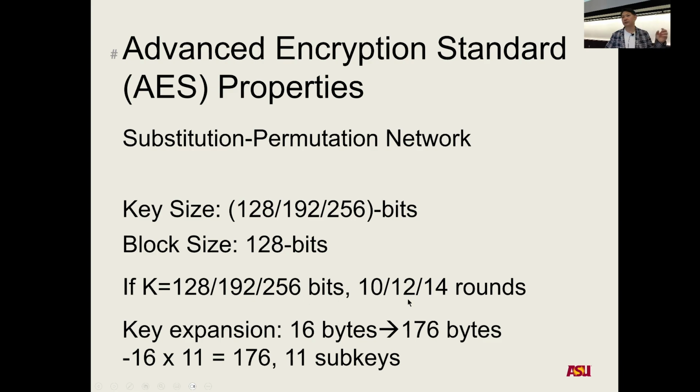Higher rounds make the plain text more complex. With a 16 byte key, the expanded key is 176 bytes. That means there are 11 subkeys, and these keys are used in each round.